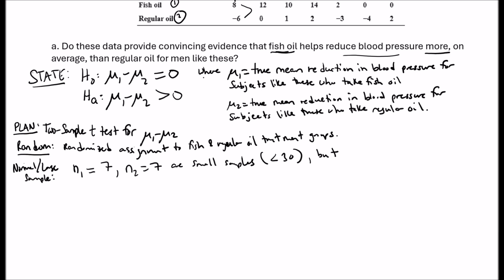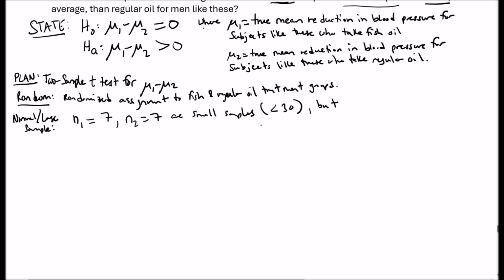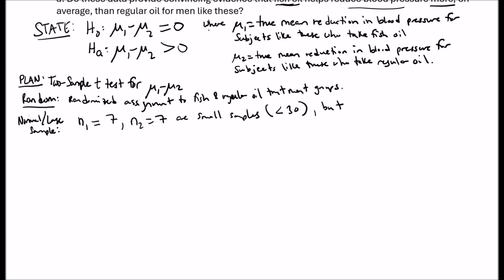But now we're going to draw a dot plot. We're going to do a parallel dot plot, okay? Then we're going to see if it shows no strong skewness or outliers. I'm just going to say that now because we know that it's going to pass.